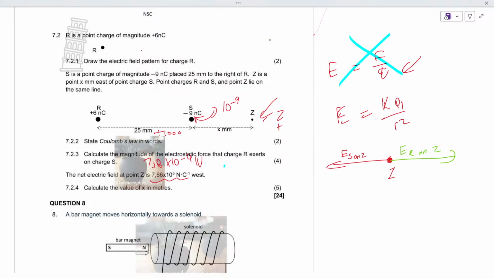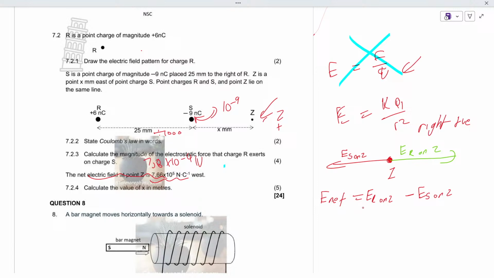Yes. Now the free body diagram is going to help us find the distance. How is it relevant? The E-net, which is the one that we're given, equals, let's take right as positive, the E-net of R on Z minus, because this one is going to the left, the E-net of S on Z. You are with me so far?